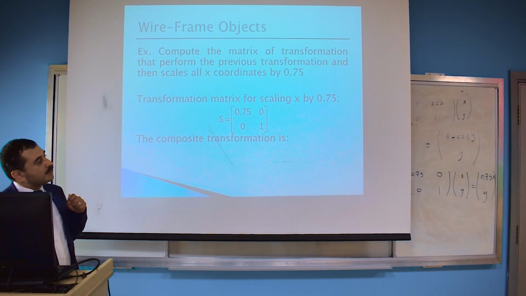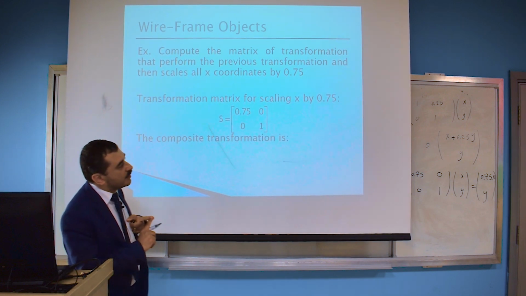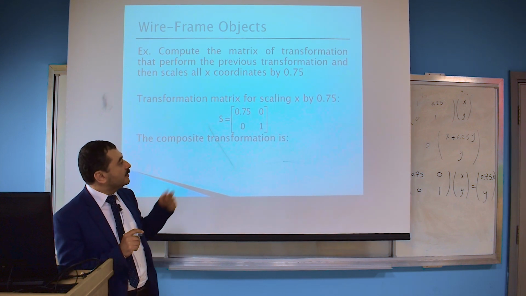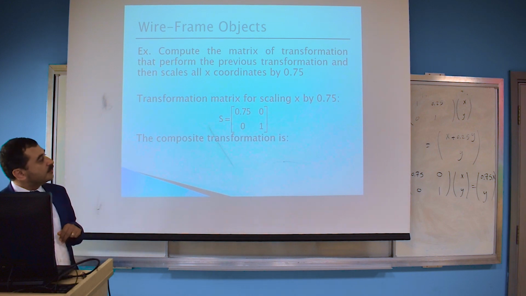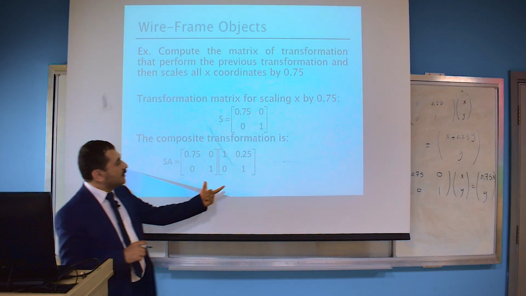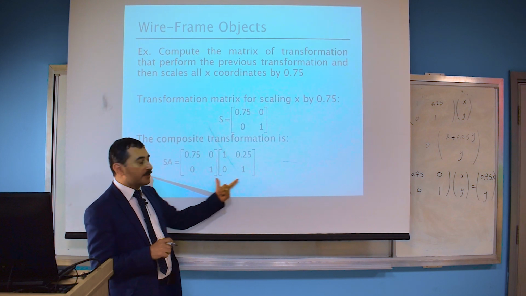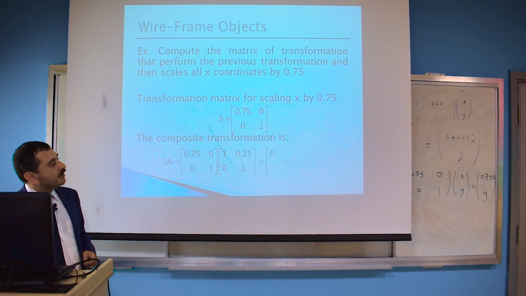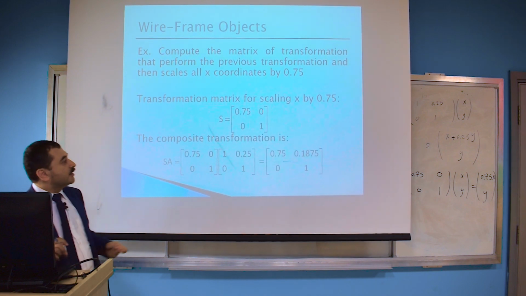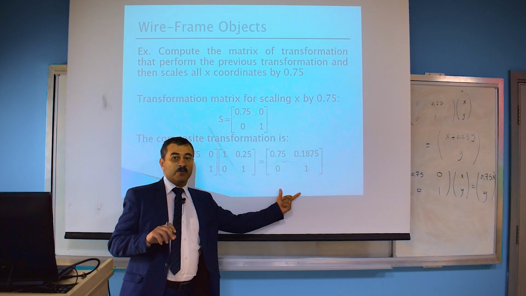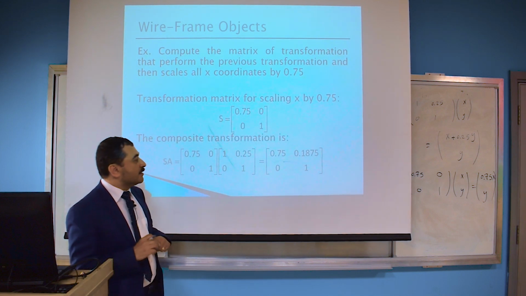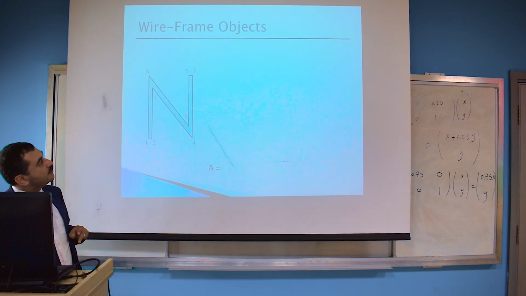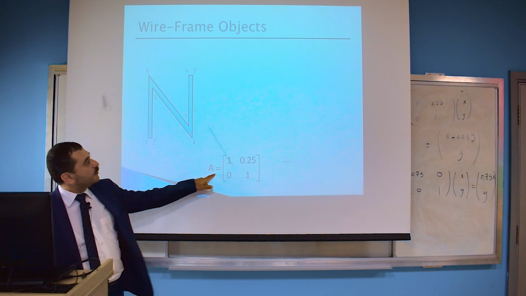So we can apply the two transformations, the one that does the horizontal shear, and then the one that does the scaling. So we can multiply the two matrices together. This one for the horizontal shear, and this one for the scaling along the x direction. If you multiply them, you will get what is called the composite transformation that does both effects. So for example, if this is your letter N and you apply the shear transformation, you get this.